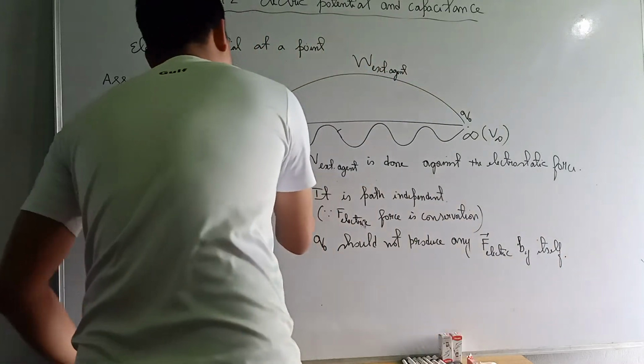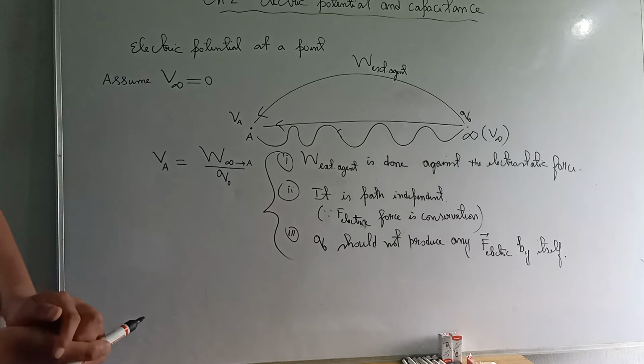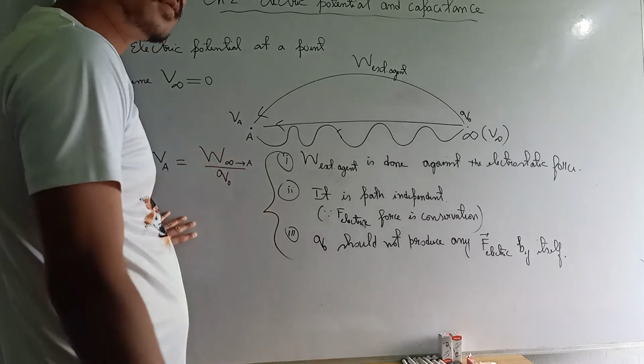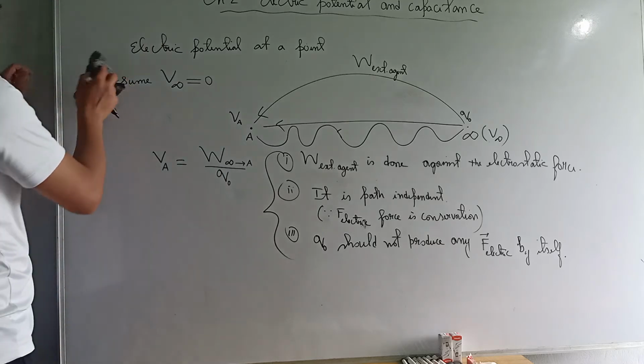So these are the 3 points that you need to remember. These 3 conditions that we have to follow. Is it alright? Any problem? Is it okay? Yes. Okay then.